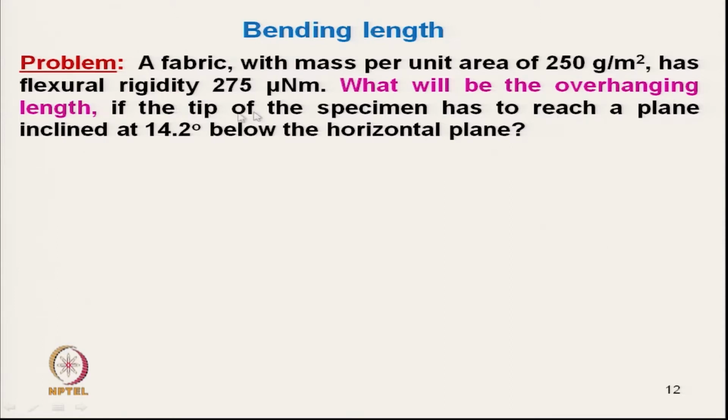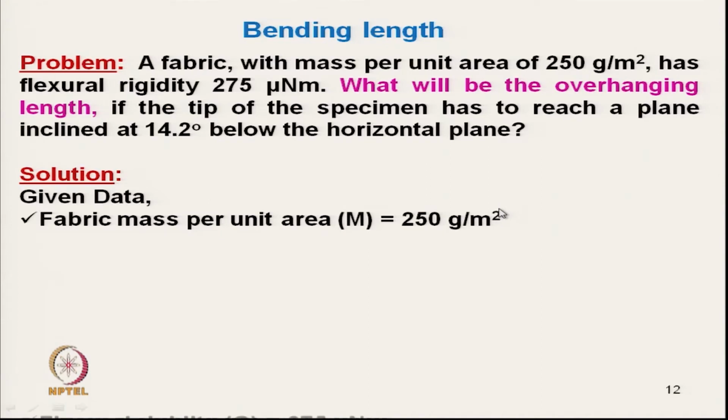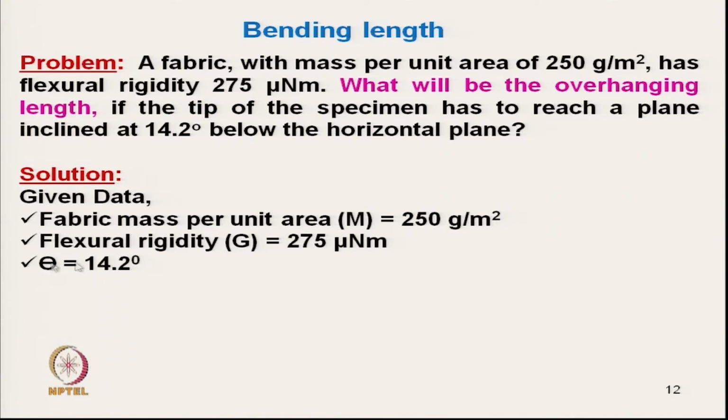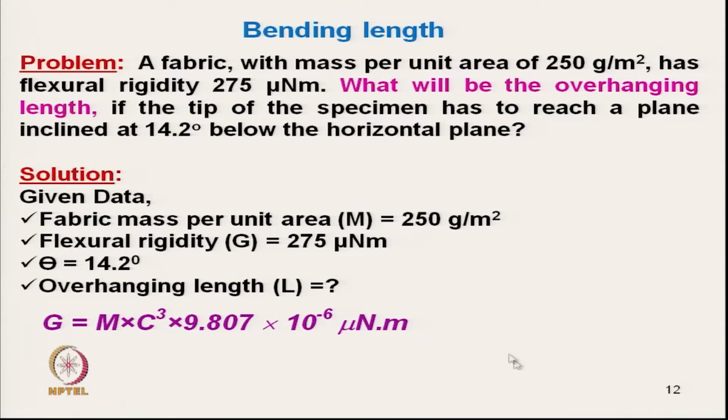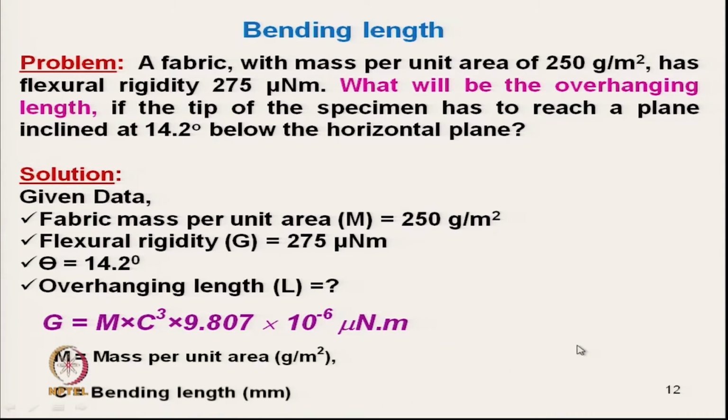What will be the overhanging length if the tip of the specimen has to reach a plane inclined at 14.2 degree below the horizontal plane? The treatment will be exactly the same as earlier. Here theta is known, and we have to get the overhanging length. G is the formula which is given.